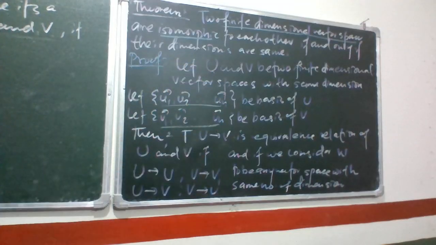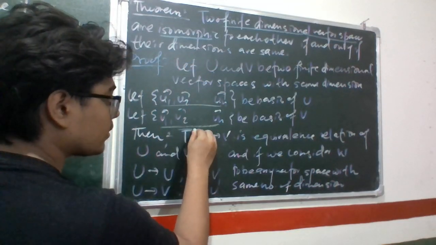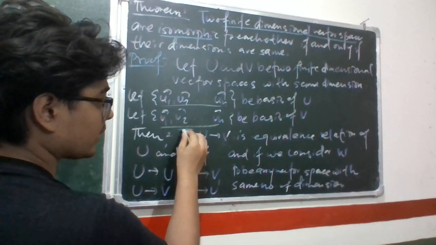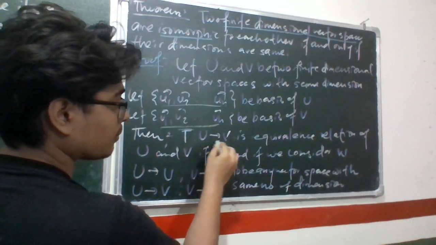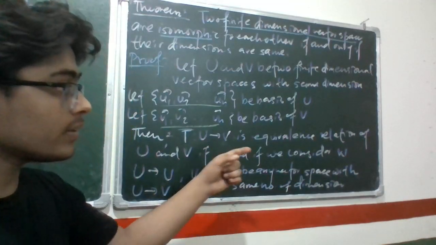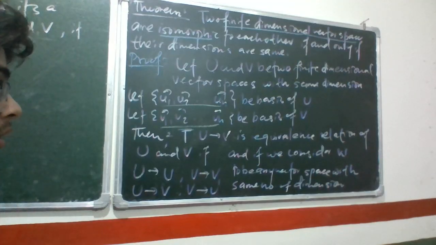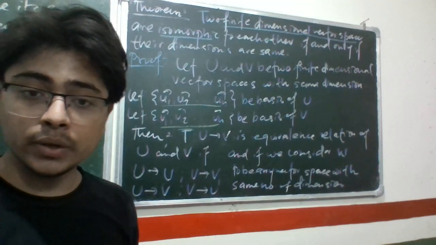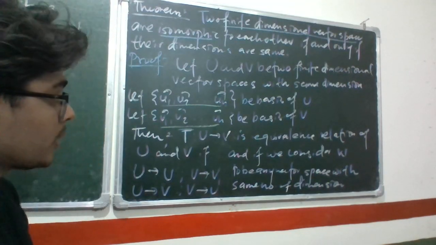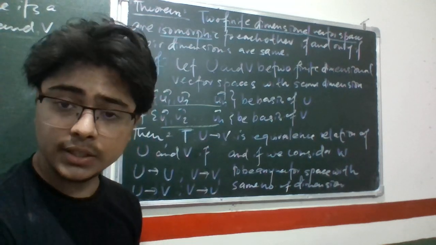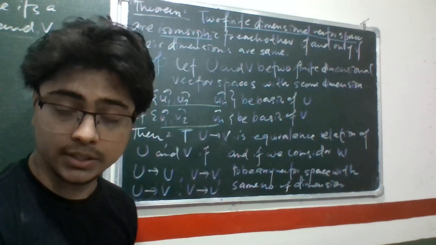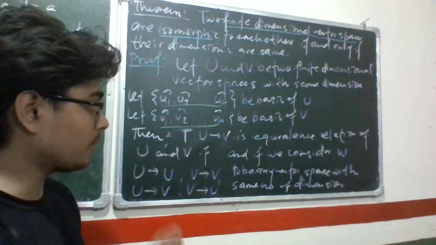Then we considered a linear mapping T such that U maps to V is an equivalence relation. So what we did is we considered a linear mapping between U and V, and we considered that this linear mapping is an equivalence relation between U and V.